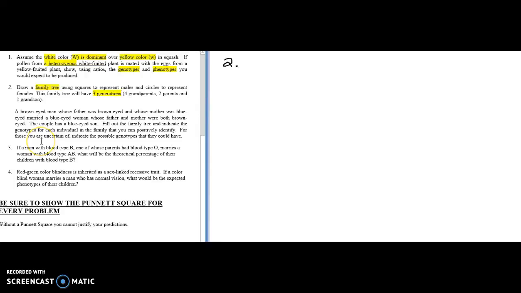Now, in family trees, you're going to use circles to represent females, and you're going to use squares to represent males. Okay? So that's supposed to be a square. There's a connection, a genetic connection.